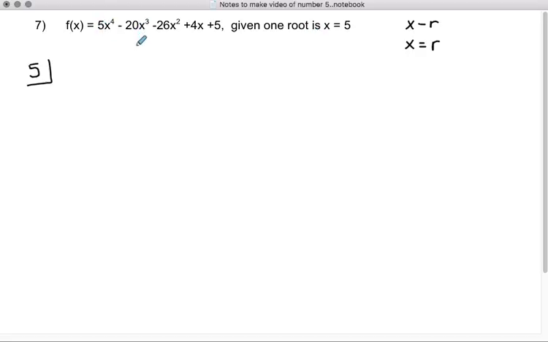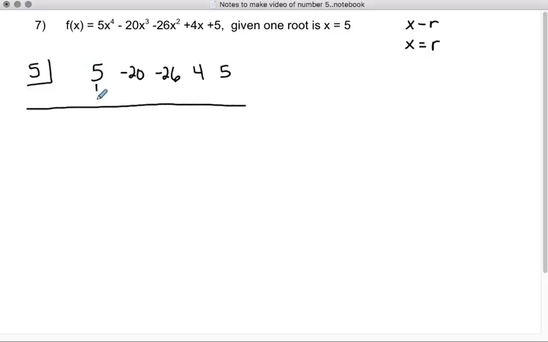And then I'm just going to bring down each of the coefficients in the polynomial that I'm dividing, in my dividend. So here I've got 5, negative 20, negative 26, 4, and 5. And so I've got, oops, my divisor, that line did not get exactly where I wanted it to go, so I'll give myself a little bit of room to write the numbers in.